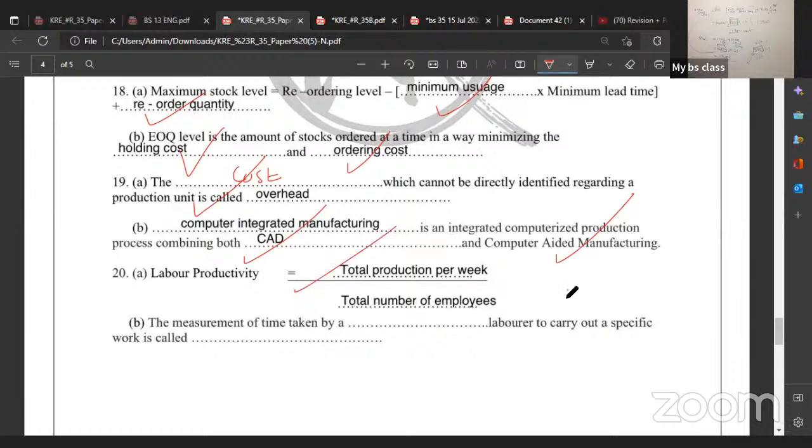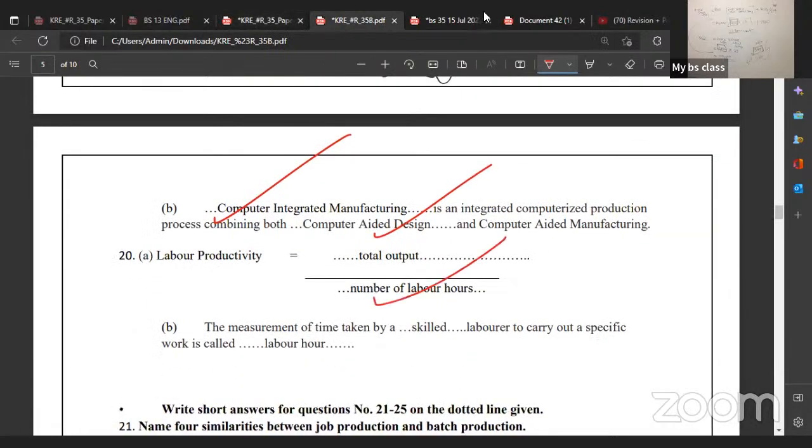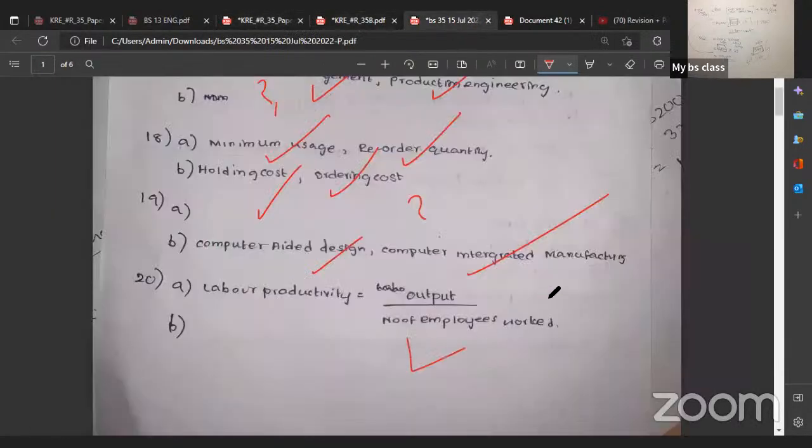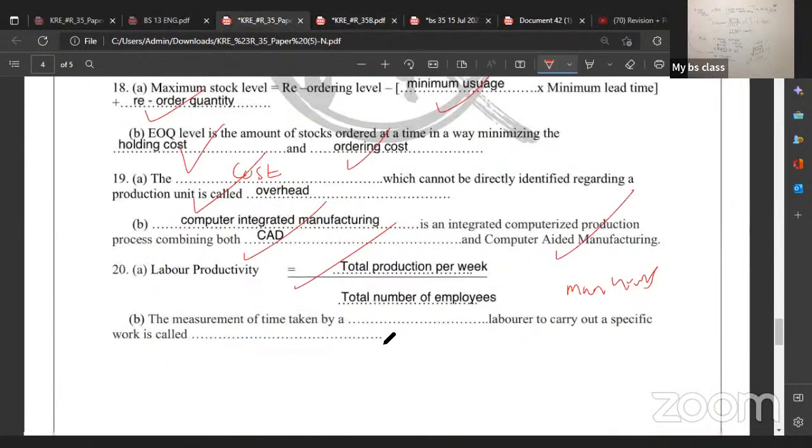Total employee hours, man hours done. Labor hours. Both are correct.